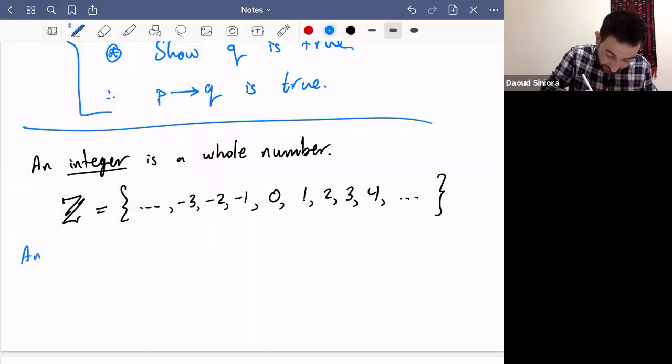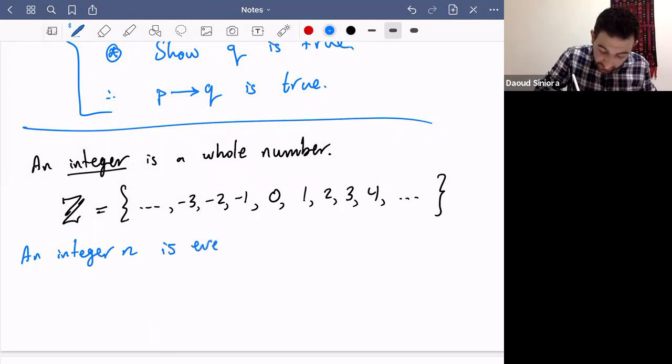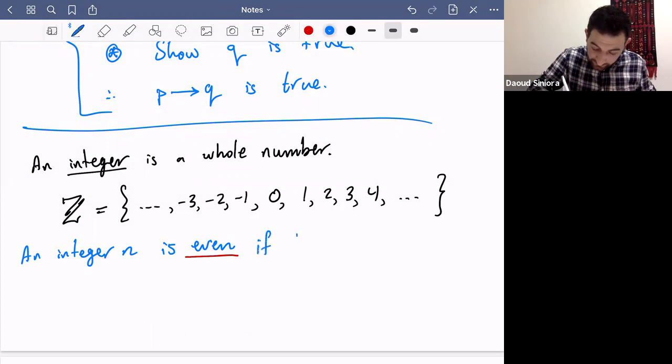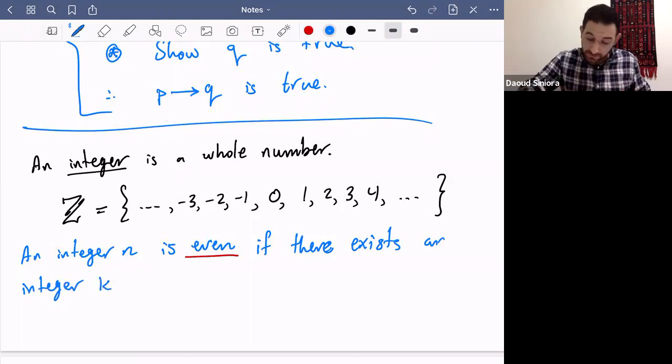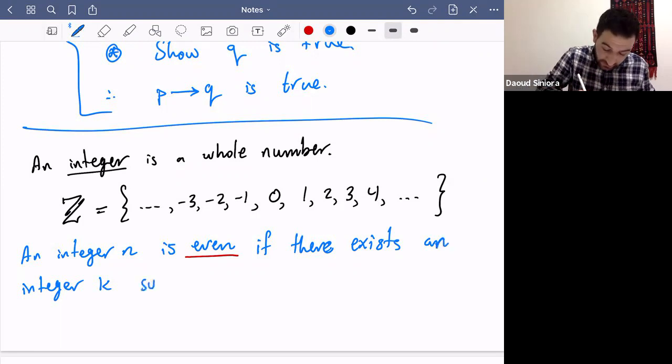We call an integer n even. So choose any integer in the domain, call it n. It is called even if there exists an integer k such that n is equal to 2k.